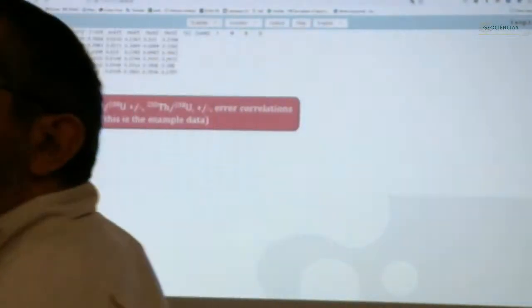So for uranium series, this is how it actually looks. This is a simplified notation, but it's asking you for the 238 to 238 activity ratio and its uncertainty, the 234 to 238 activity ratio and its uncertainty, and the 230 to 238 and its uncertainty, and then what's called the error correlations.